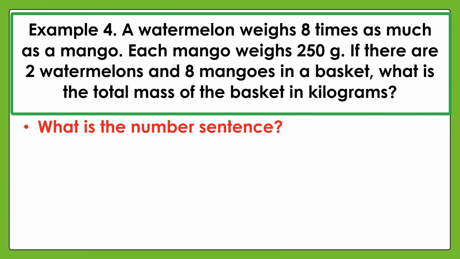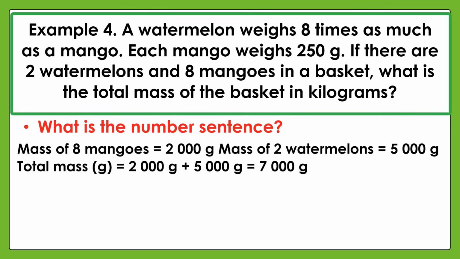Third, what is the number sentence? Mass of 8 mangoes is equal to 2,000 grams. Mass of 2 watermelons is equal to 5,000 grams. Total mass in grams is equal to 2,000 grams plus 5,000 grams is equal to 7,000 grams.